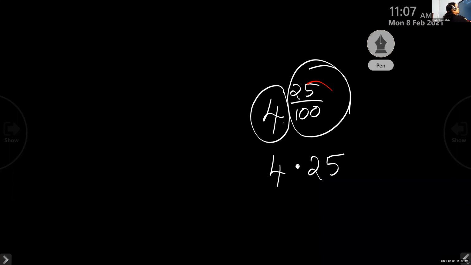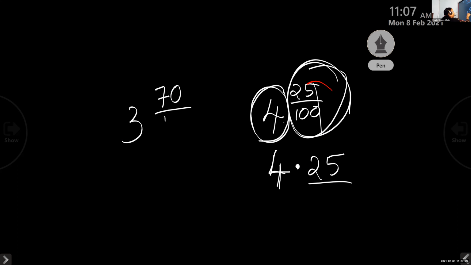So children, this whole number we will write the same. After the whole number, before the fractional part, we will place the decimal point. Then 25 by 100, we will write the same. Okay, now tell me 3 and 70 by 100. How can we write 3? 3.70.